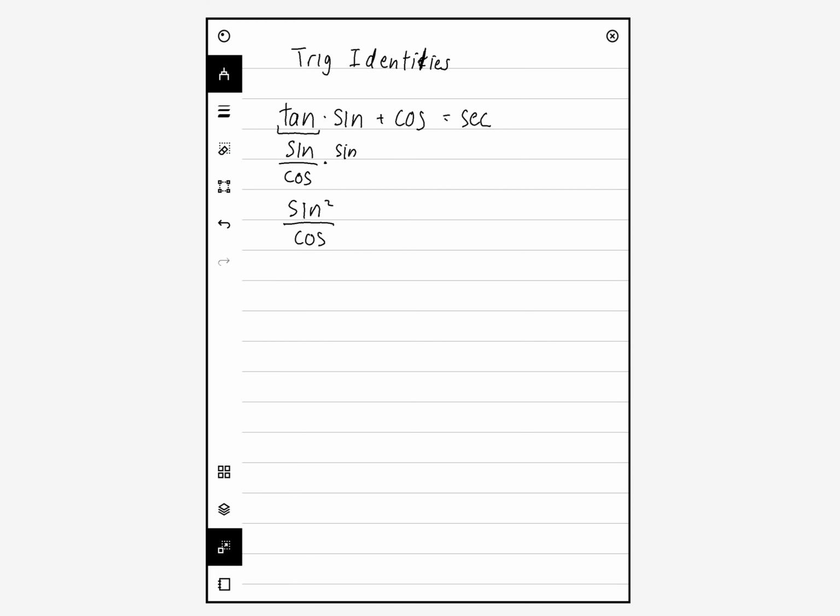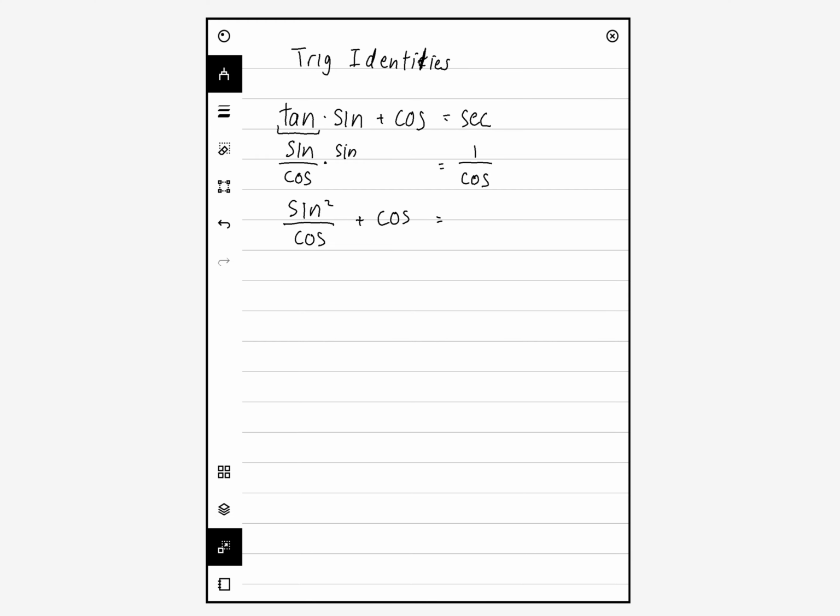Let's see. Okay. We just have plus cosine, right? Equals secant. So I'm going to change secant into a nicer form. What is secant? Secant is equal to 1 over cosine.